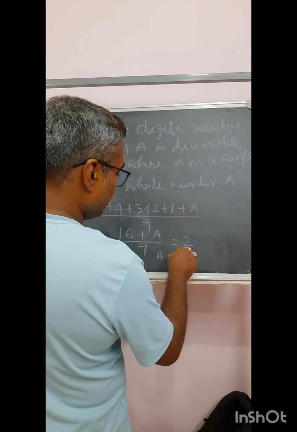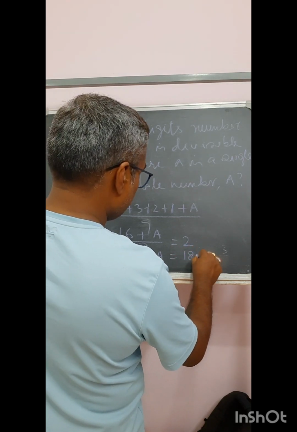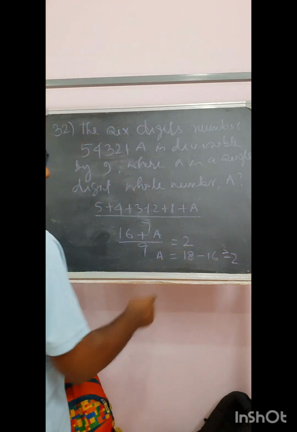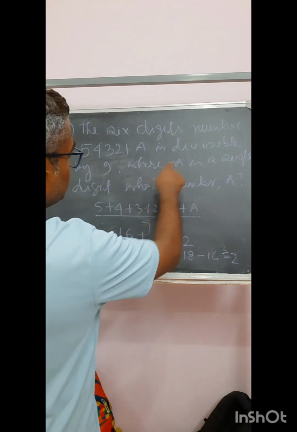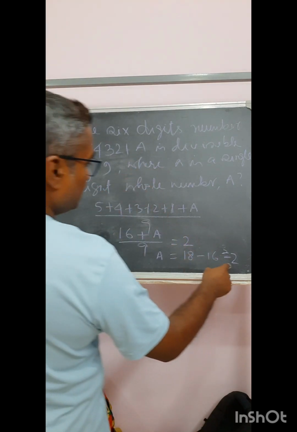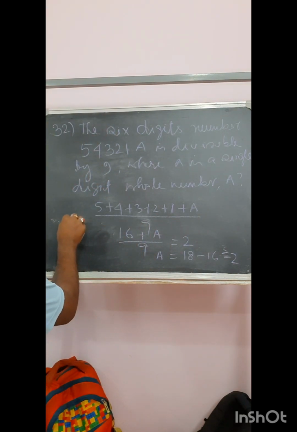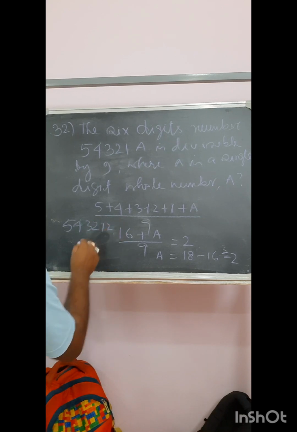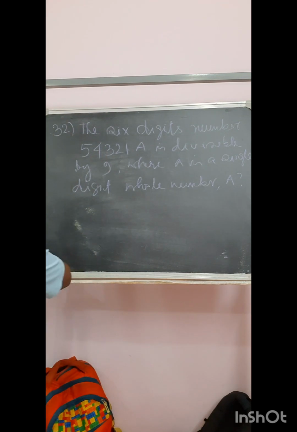So in that case, if I equate with 2, it will give you 18 minus 16, that means a equal to 2. The least possible number that will satisfy the number being divisible by 9, a should be 2. So if I take the number as 5, 4, 3, 2, 1 and 2, let's see if it is divisible by 9 or not.